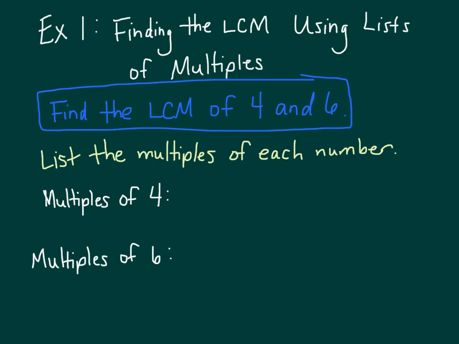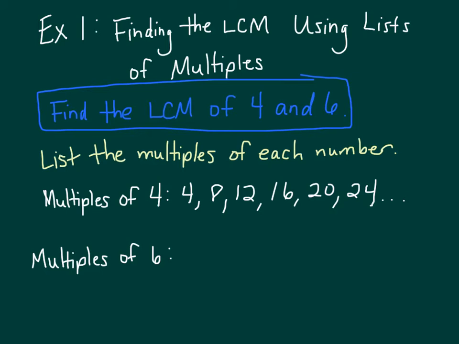For example 1, we're going to practice finding the least common multiple using lists of multiples. The question asks us to find the least common multiple of 4 and 6. The first thing we're going to do is list the multiples of each number. The multiples of 4 are everything that you get when you multiply 4 by something else, and we always start at the first possible number. So in this case, it's 4, and then 8, 12, 16, 20, 24, and the thing to keep in mind is that multiples can keep going on forever.